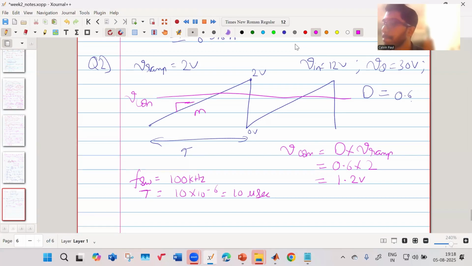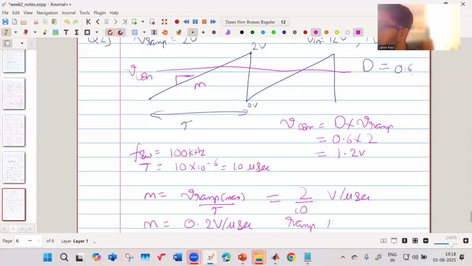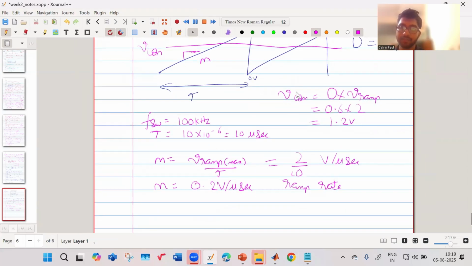This slope m is given by V ramp max value upon your time t, that is 2 upon 10. So in terms of volt per microsecond, your slope is 0.2 volt per microsecond. This is known as your ramp rate.